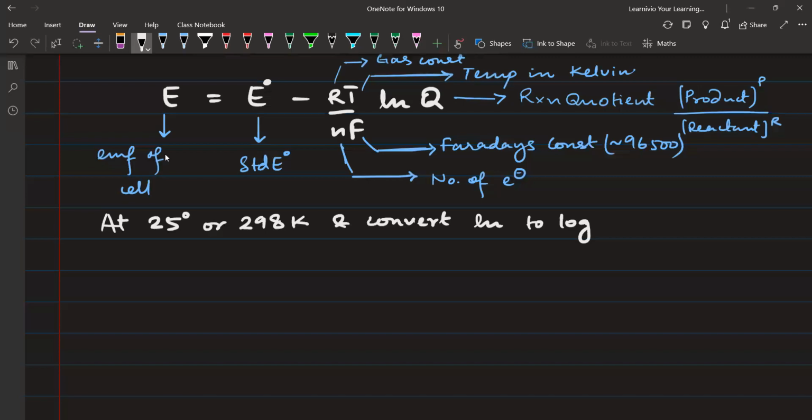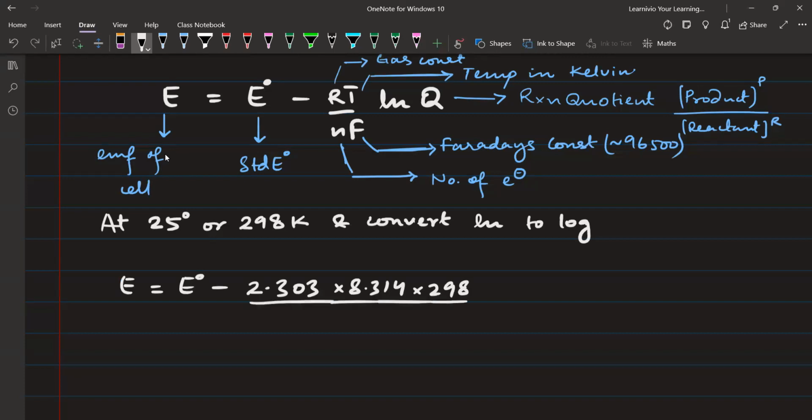Then what's going to happen? The E cell will be equal to E naught minus 2.303 multiplied by 8.314 into 298, plugging in the value of R also. 2.303 is here because of converting ln to log.